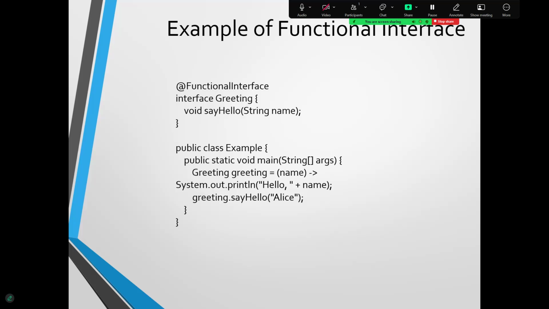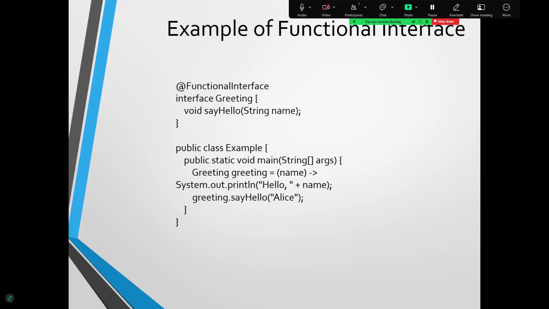But in an ordinary interface, you can have more than one method, but in a functional interface, you have only one method, which is abstract. Of course, all the methods inside the interfaces are abstract, but here you can have only one abstract method the moment you put @FunctionalInterface.